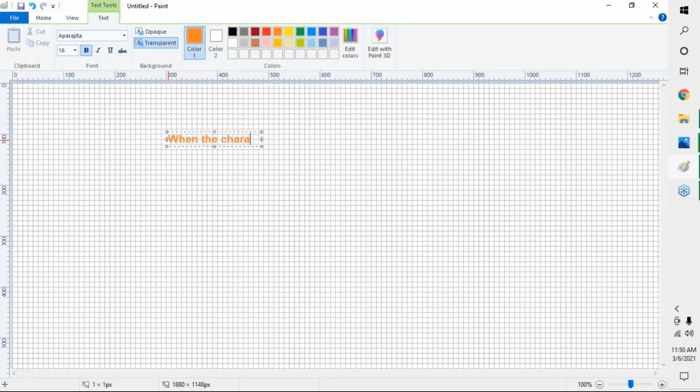When the character which is to be written below belongs to category A, it should be written on the right and the rekha needs to be omitted.